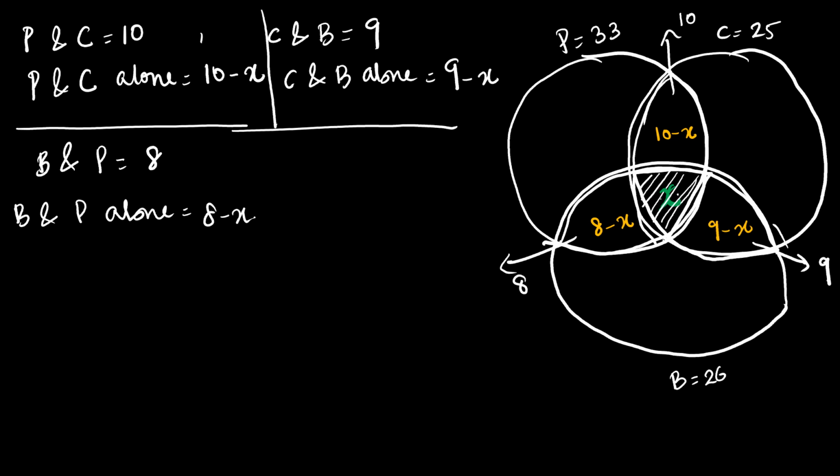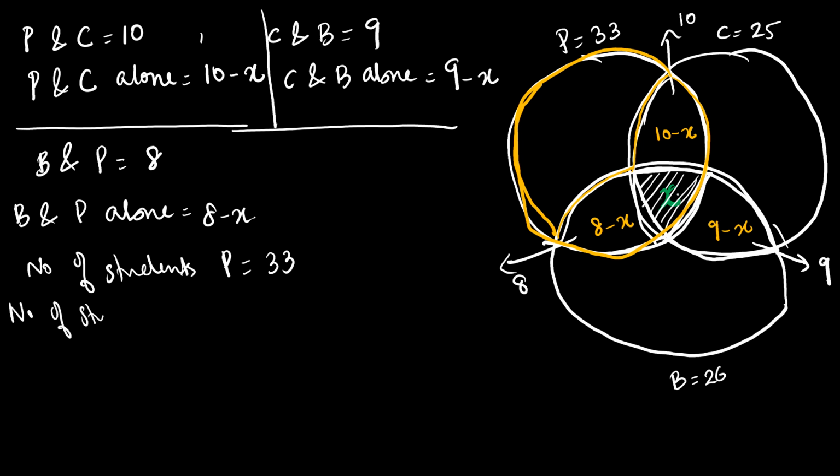Now next we will find this portion, that is the students studying physics alone, chemistry alone, and biology alone. Now this full circle is the number of students studying physics. Studying physics is given as 33. So what would be the number of students studying physics alone?